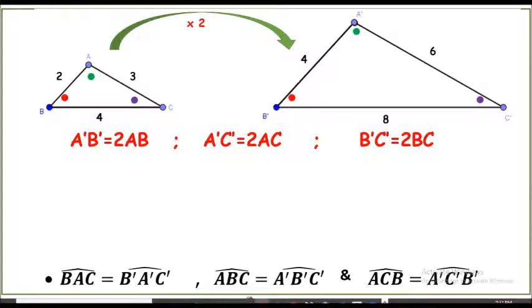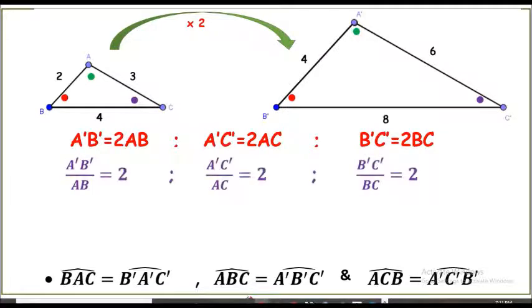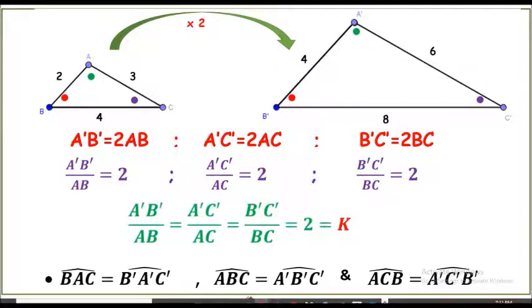I can write these three equations in another way. I want to write them in ratio form. That is, I can say A'B' over AB is equal to 2. Also, I can say that A'C' over AC is equal to 2. Similarly, B'C' over BC is also equal to 2.